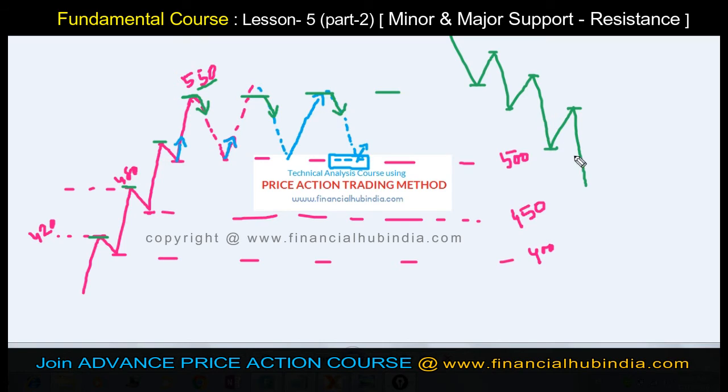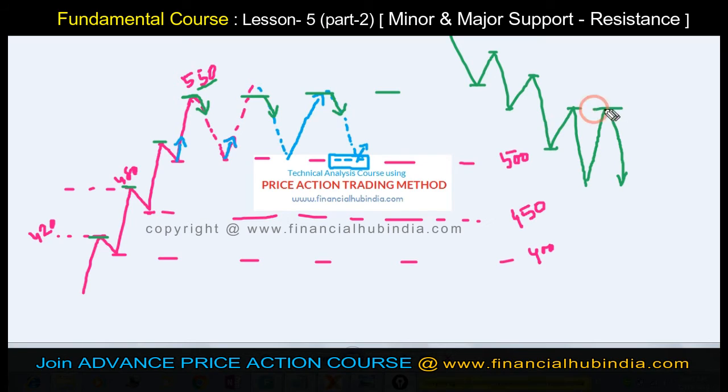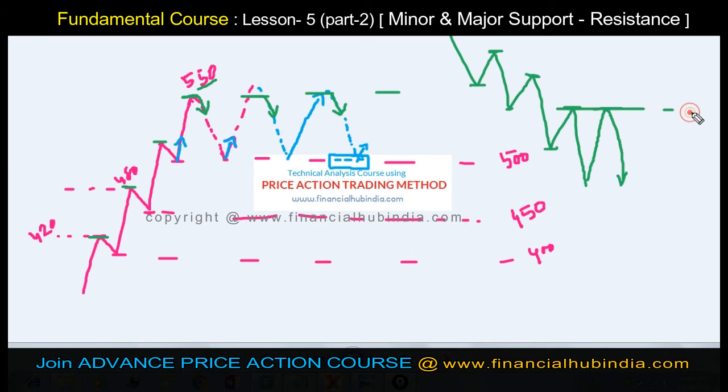Now what if price again goes up and moves down from the same price area? So this is a minor resistance, but now this price level, whatever it is, will have to be considered a major resistance area, and we'll have to really get serious when next time price comes back up to that level. All right.